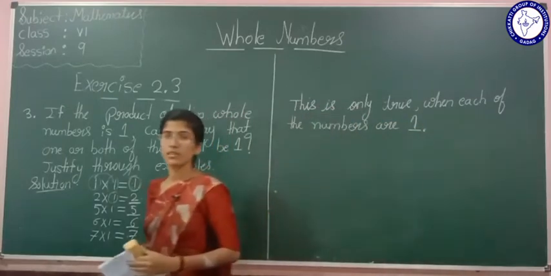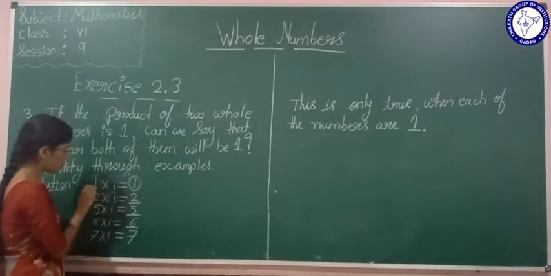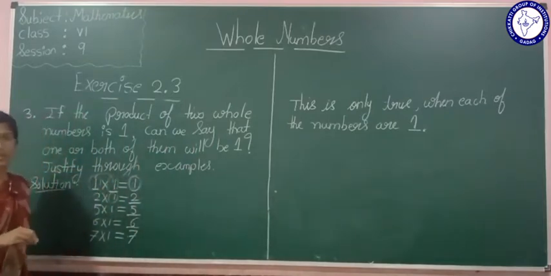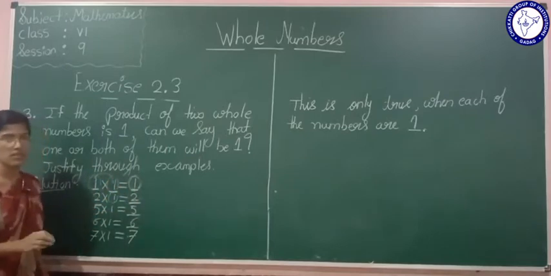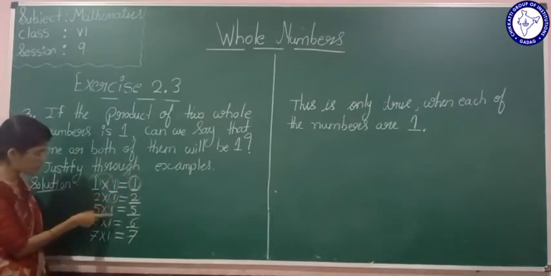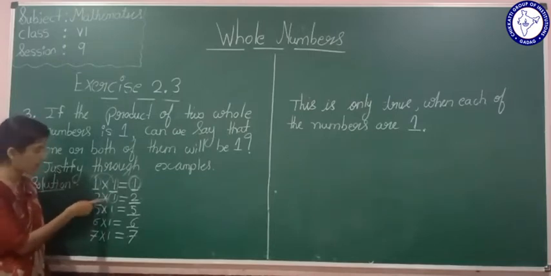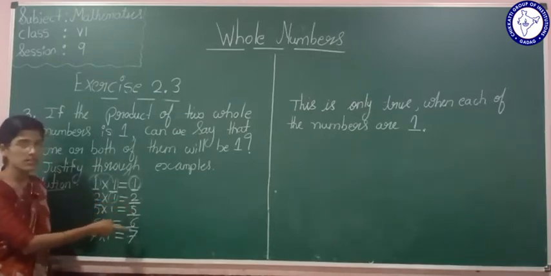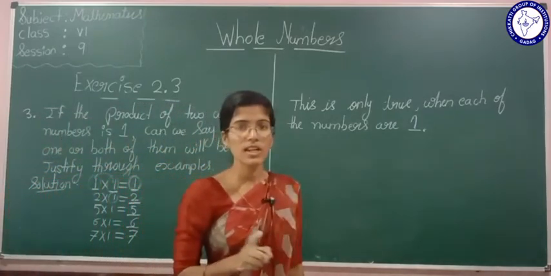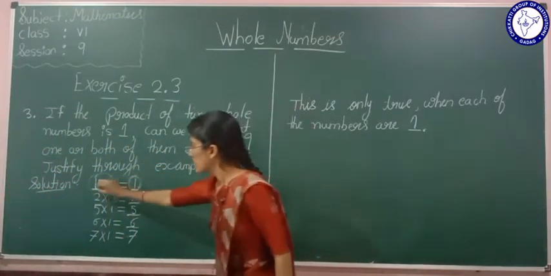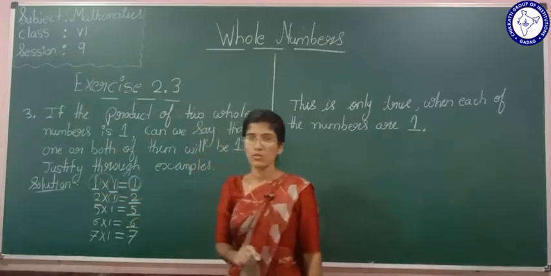When both numbers are 1, at that time only we are getting the answer 1. If only one number is 1 and the other is a different whole number, at that time we are getting a different answer. What we can tell? This is possible only when two numbers are 1.